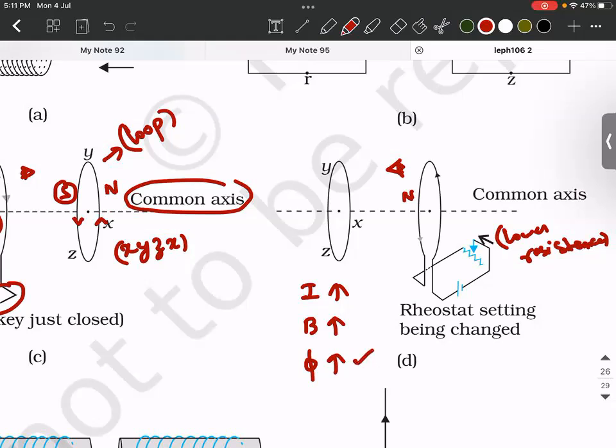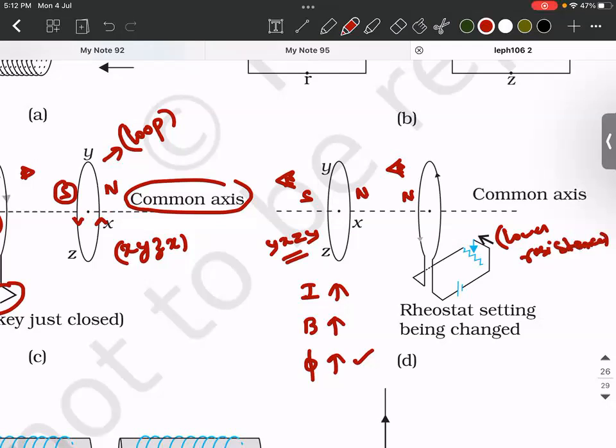What pole will get generated? Same pole. So this will be north. If this is north, what is there on the other side? South. South means you are able to see the center of the coil. So south pole means what should be the direction of current? Clockwise. So the answer is Y, X, Z, Y.